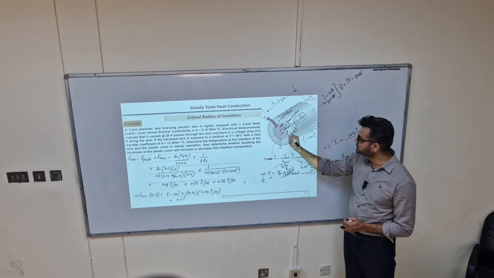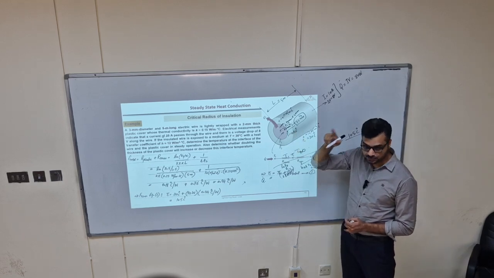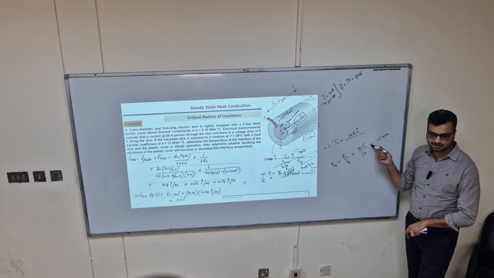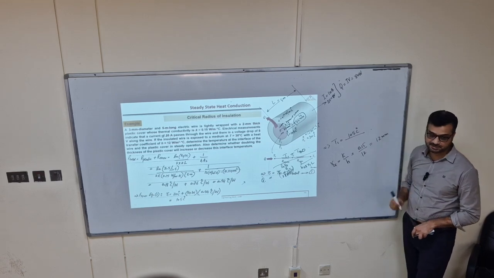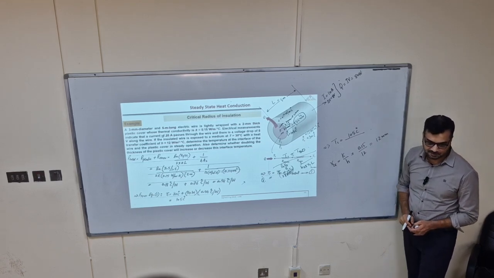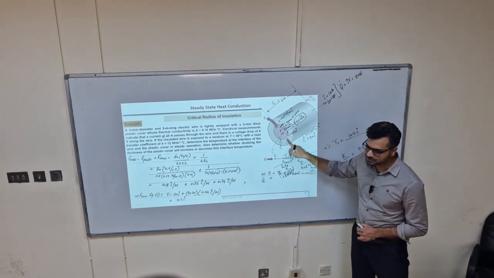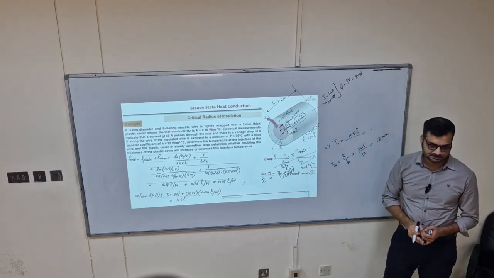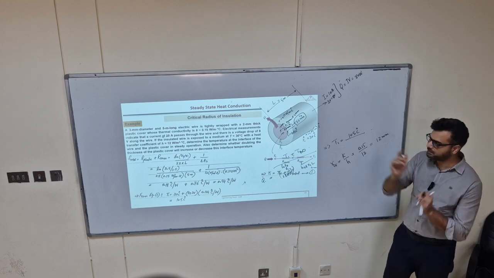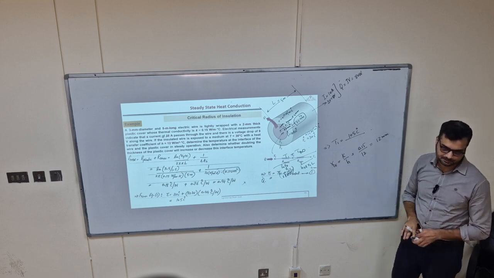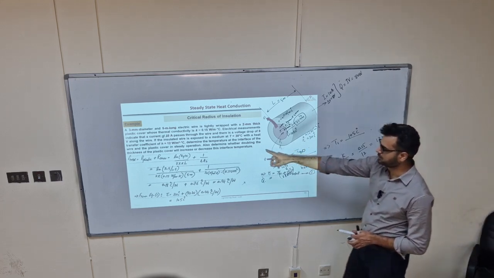So by adding this insulation up to 12, what will happen? Heat transfer will increase, but heat transfer is fixed. So temperature will drop. Temperature of that inner surface will drop, because amount of heat is fixed, 80 watts. That is the second part.